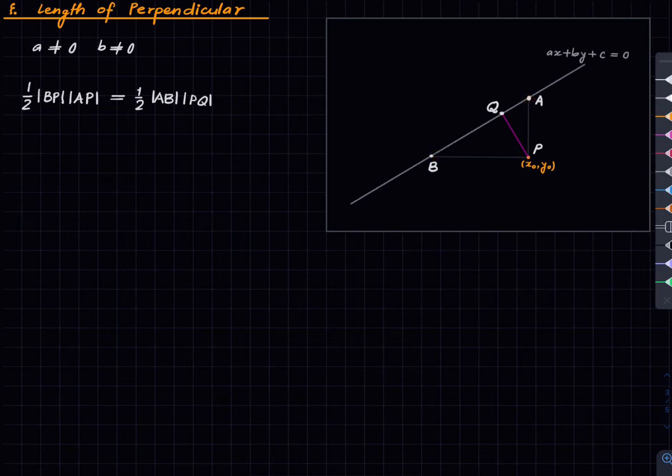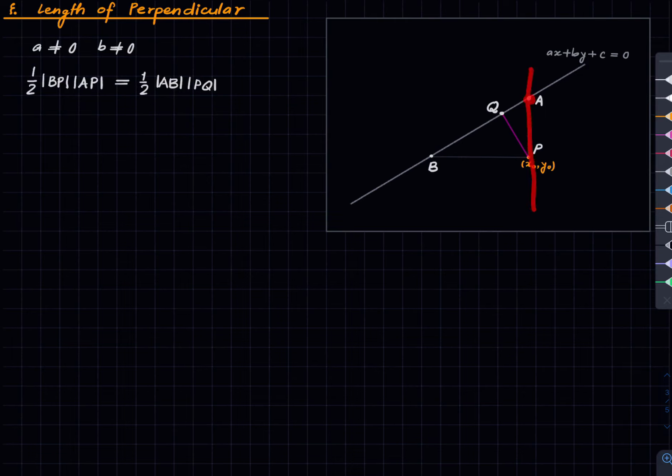So the coordinates of A are very easy to write down. Why? Because this is the vertical line, and therefore the abscissa of this is the same as the abscissa of that, meaning the abscissa of this is x0. But once we know the abscissa of this, we will also know the ordinate, because the point A lies on this line. So the coordinates of A are: the abscissa is x0 and the ordinate is this.